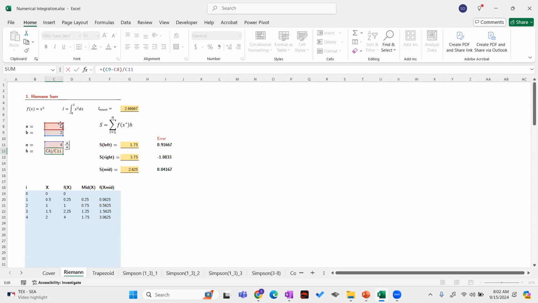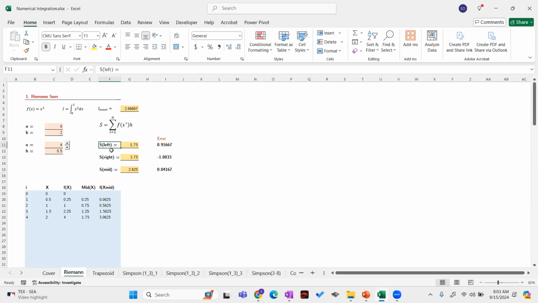So it's just 2 minus 0 divided by 4, which is 0.5 each. So I have 4 steps to cover from 0 to 2, and each step size or width of subinterval is 0.5. So here is my index. I goes from 0 to 4. Corresponding to that, I have x0, x1, x2, x3, x4. x4 is nothing but b. x0 is nothing but a.